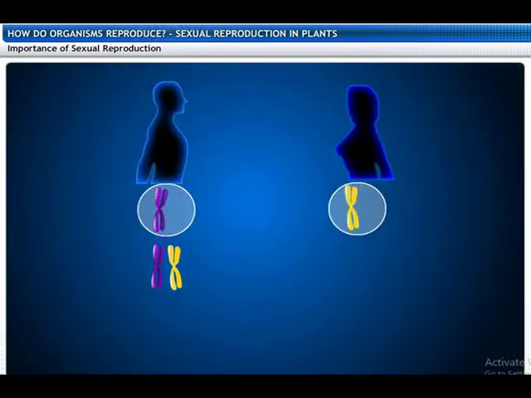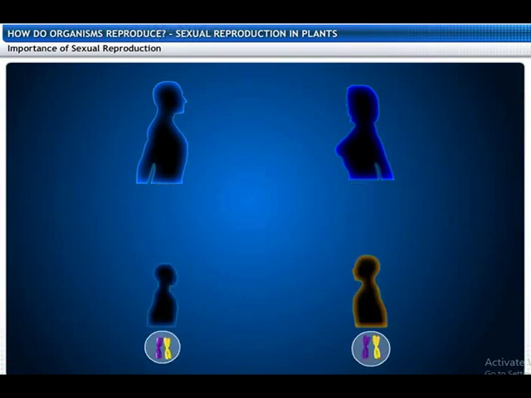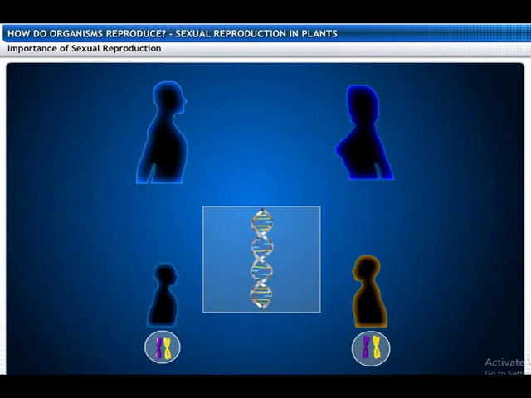You may remember that chromosomes in the nucleus of a cell contain information for inheritance of features from parents to the next generation in the form of DNA, deoxyribonucleic acid molecules.